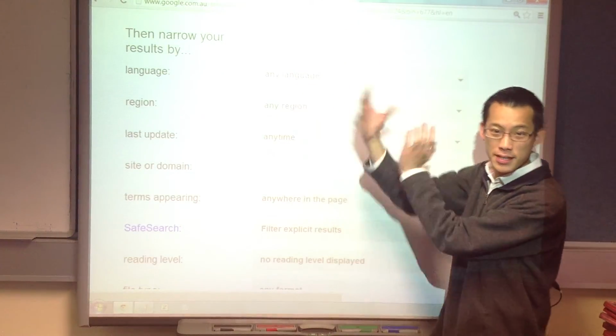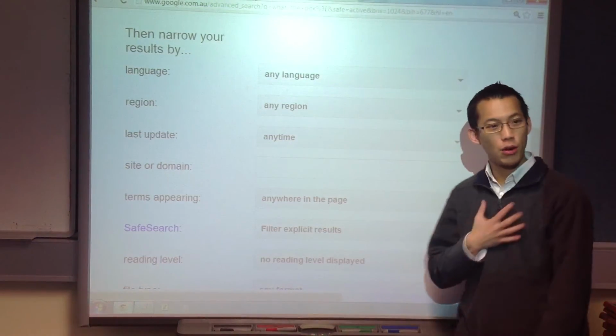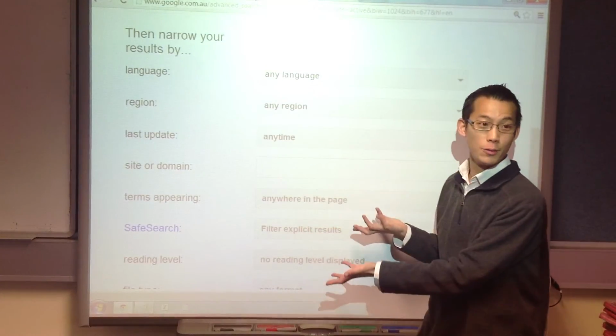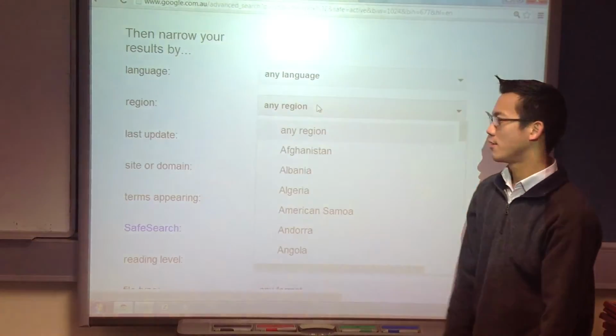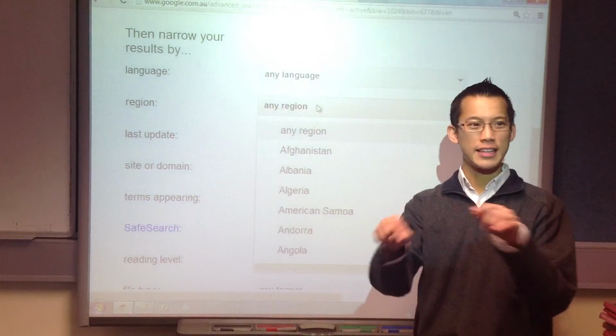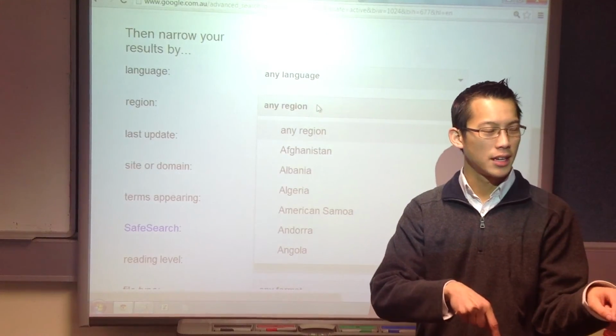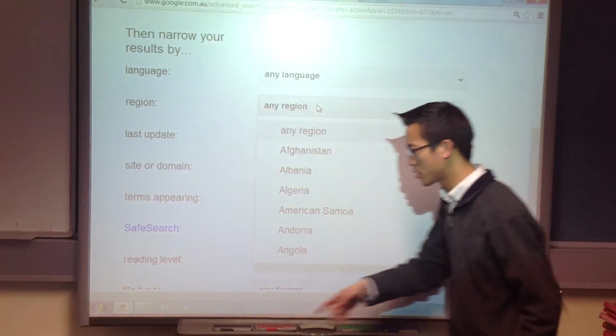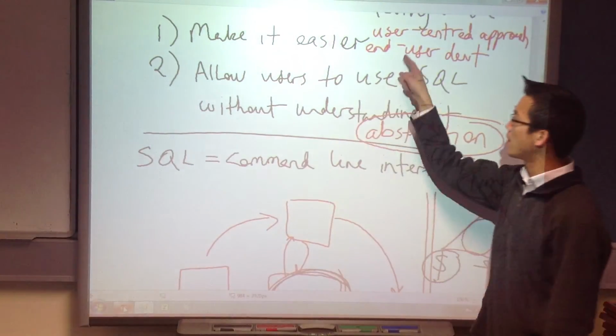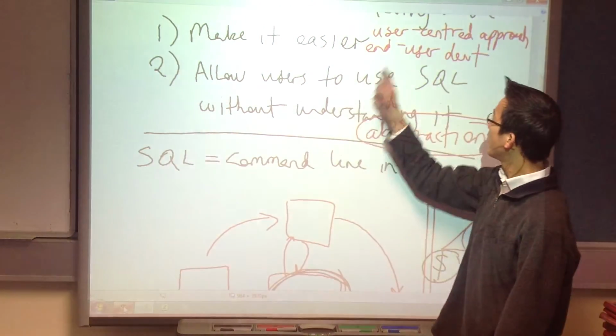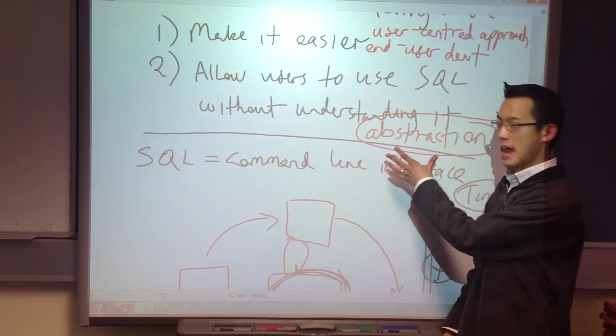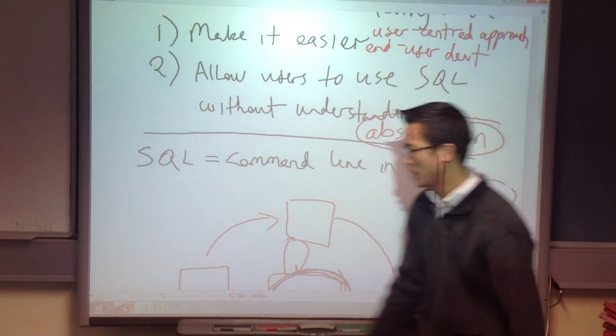It's the engine, the pistons, the combustion, but it's all hidden from me. All I see is the pedal, right? I just want this, right? I don't have to deal with what exact language it's written in, okay? So that's really good for me as a user. These two principles, they kind of feed off each other, okay? A user-centered approach and abstraction, okay? Really important keyword to get.